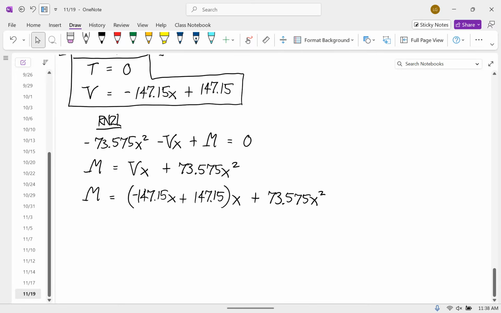Multiply it out, simplify, and you get here that M is equal to negative 73.575 x squared plus 147.15x.